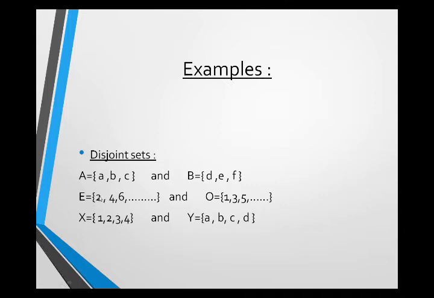As you remember, such a set is the set of even numbers. And we have a set O, where O represents the odd numbers: 1, 3, 5 and so on.